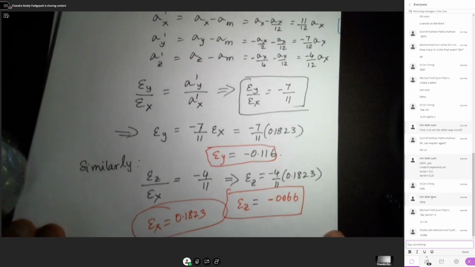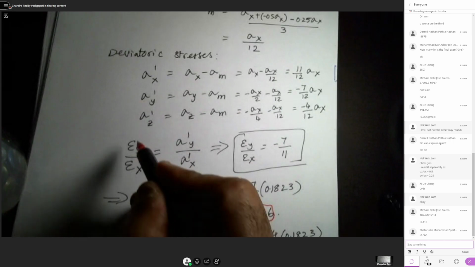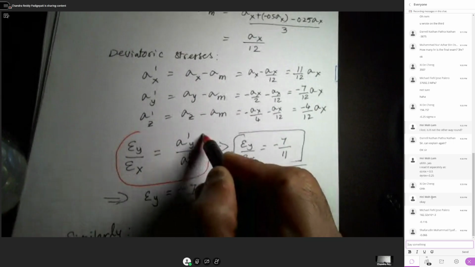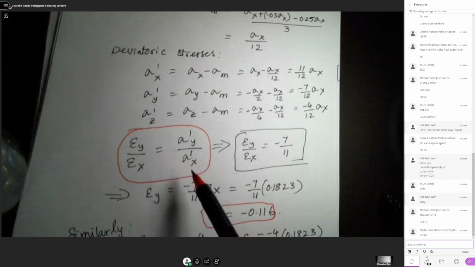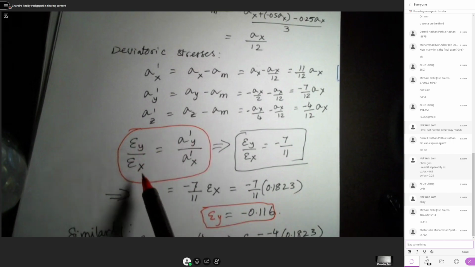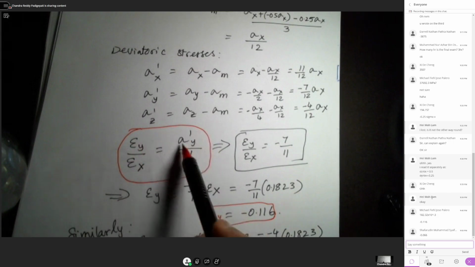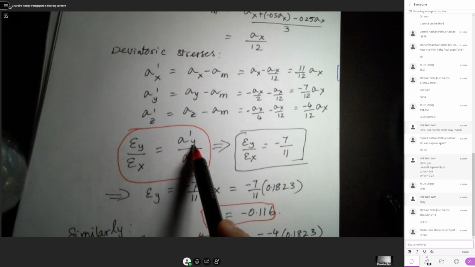So the important thing you need to know is that the ratio of the strains is equivalent to the ratio of the deviatoric stress components. So epsilon y over epsilon x is equal to the ratio of the deviatoric stresses along y over x.